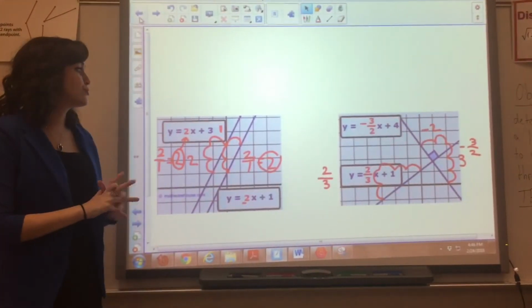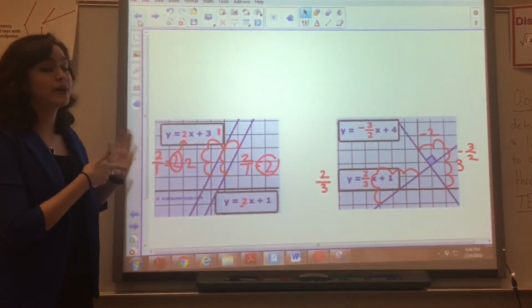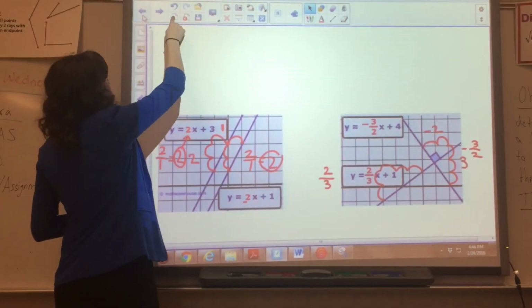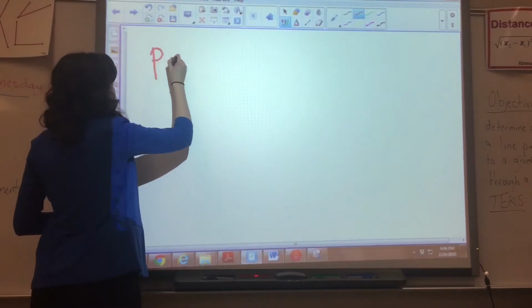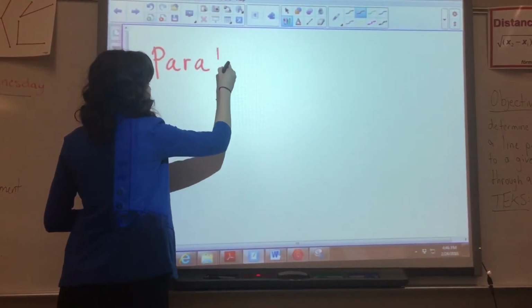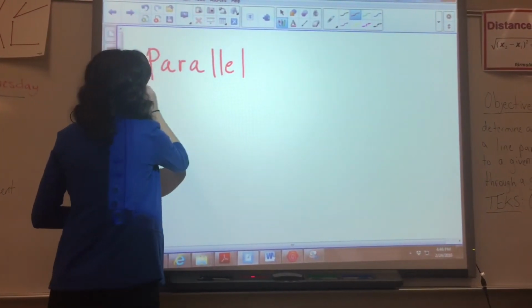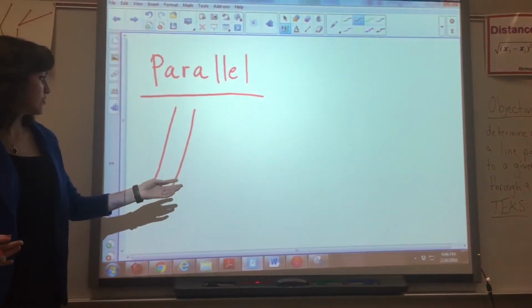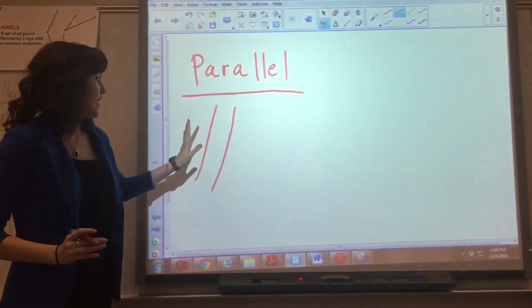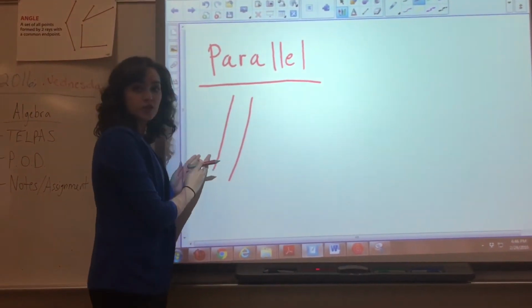So now class, we're going to do just a summary of what we've learned on parallel and perpendicular lines. So for our parallel lines, just a rough sketch of it. They do not touch, and let's say for line 1, the slope was 5.